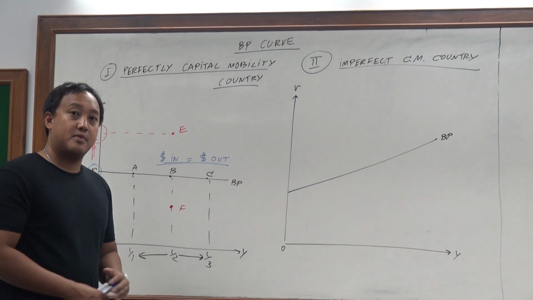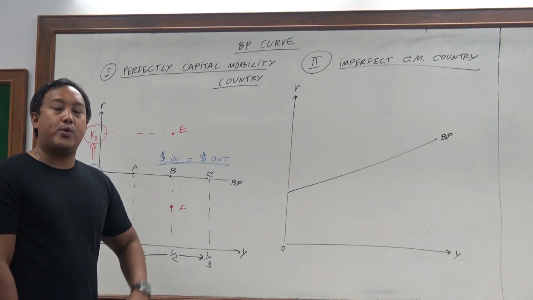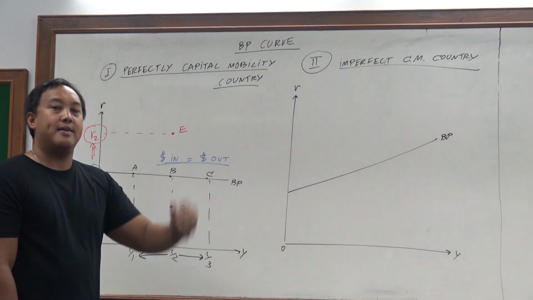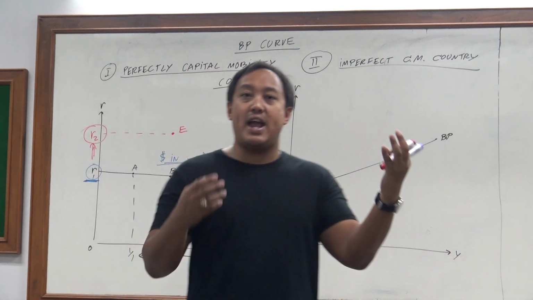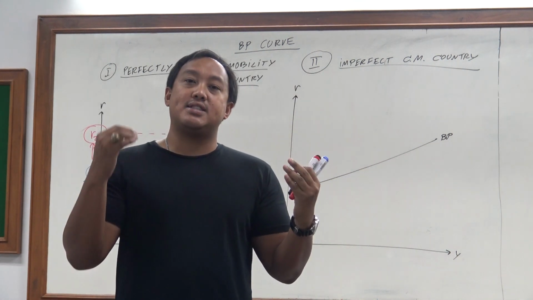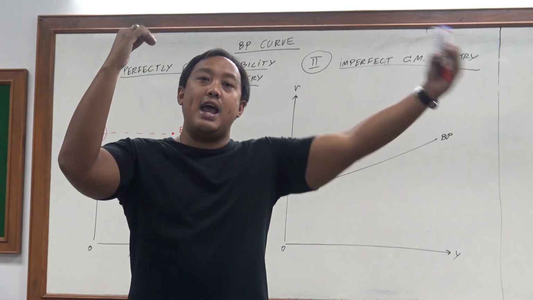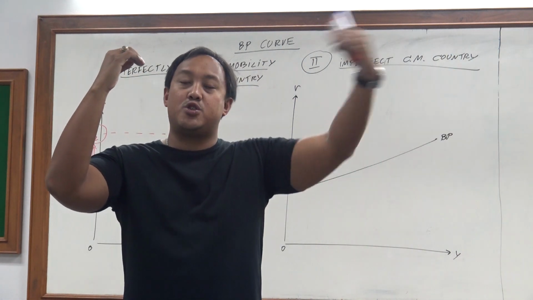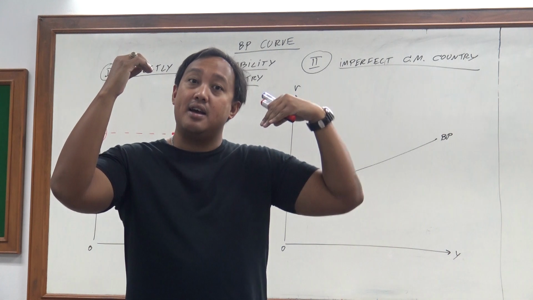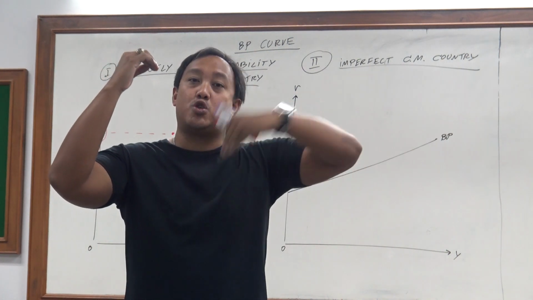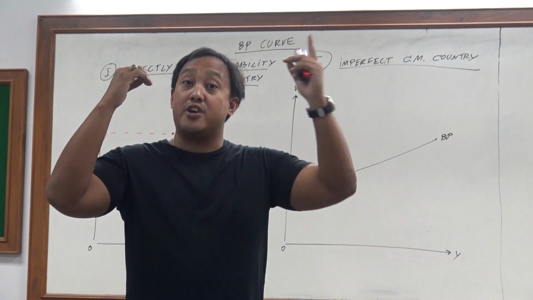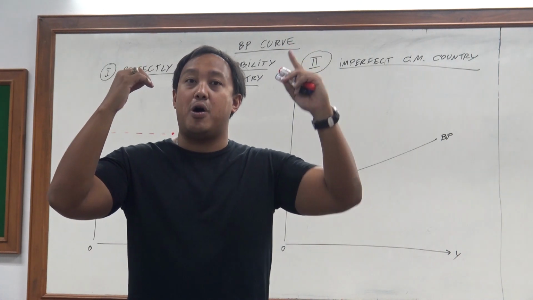When the real interest rate is too high, just like the case I gave you, UK and USA, when the real interest rate in our country is too high, everyone wants to move their money to our country because you get a higher return than normal.